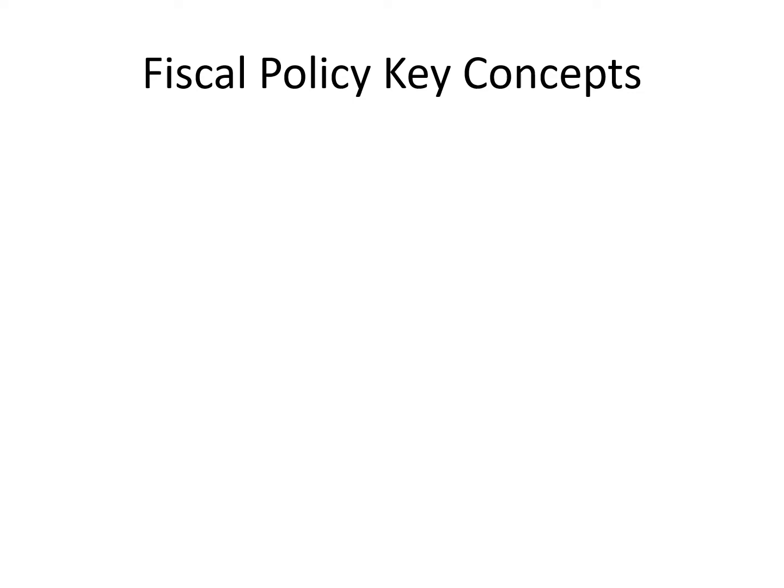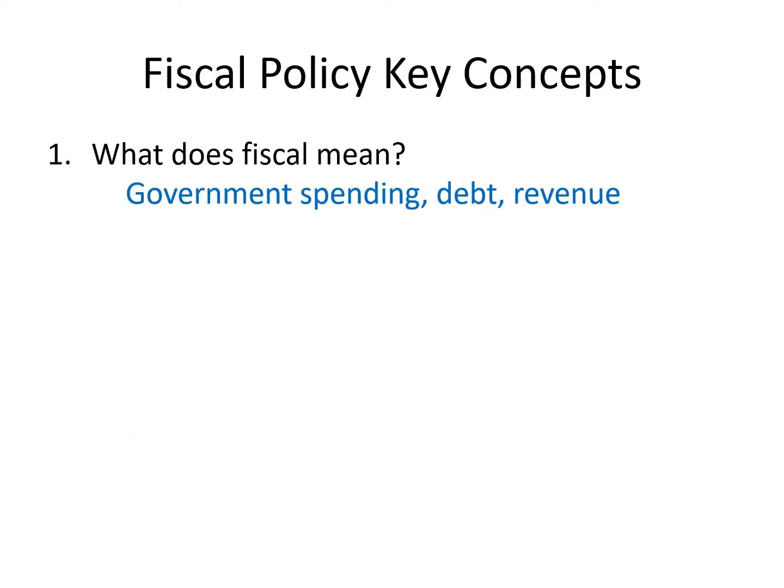So a couple key concepts. Fiscal basically means government, what the government is doing, how they're spending. So how much debt they're getting into, which our government has the largest debt of any country, well over 22 trillion. I have to look, it's been a few months.